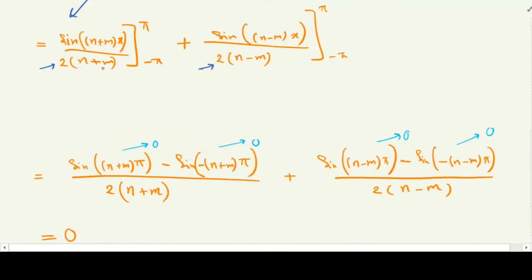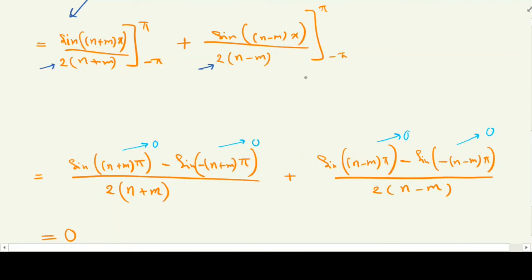So from the first term, you're going to have sine of (n plus m) times pi, substituting pi, minus sine of now minus pi. Substituted here is going to give us minus (n plus m) times pi, divided by this factor, which is a constant. Right?